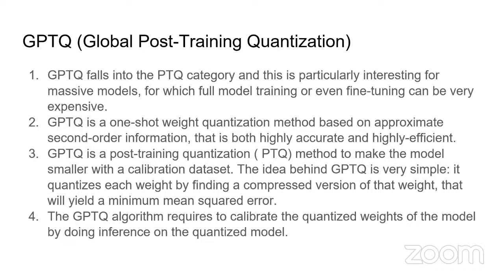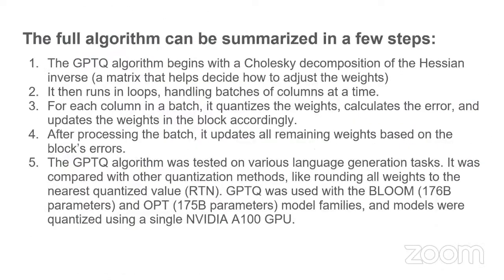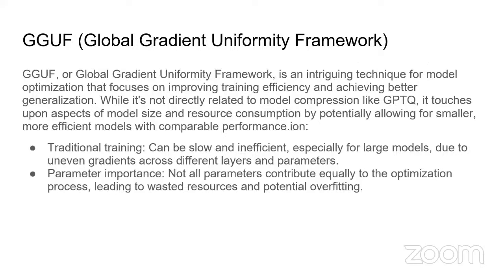GPTQ is a global post-training quantization technique applied after the model is trained. Then we have understood GGUF, which is a newer method that focuses on preserving the gradient uniformity during compression to maintain the model accuracy.